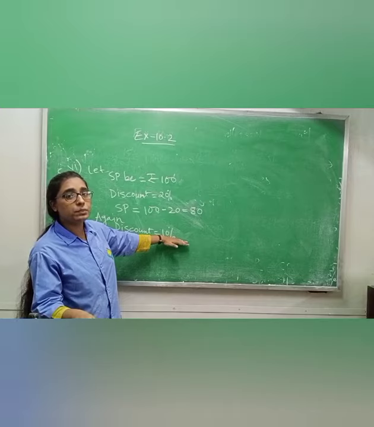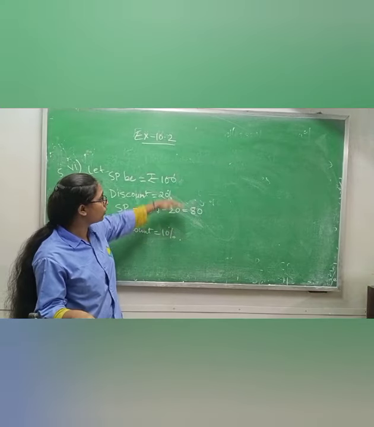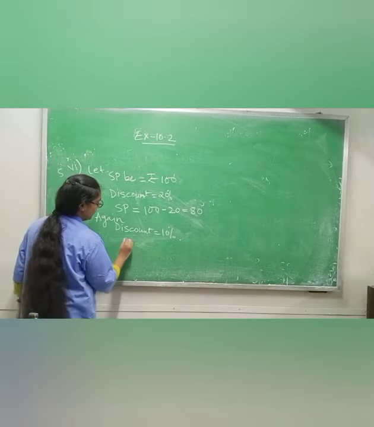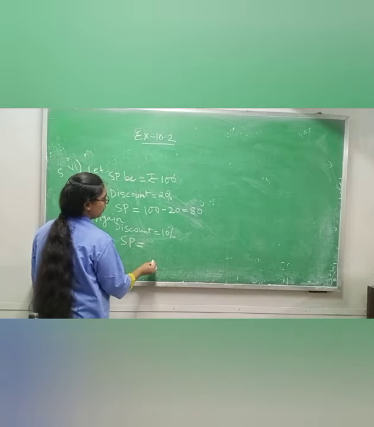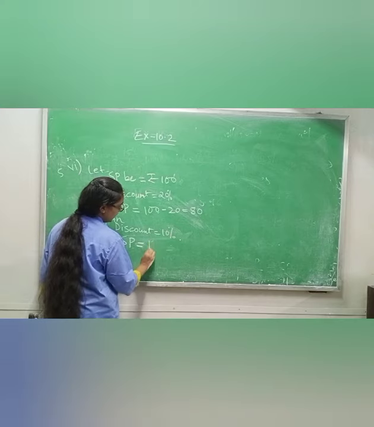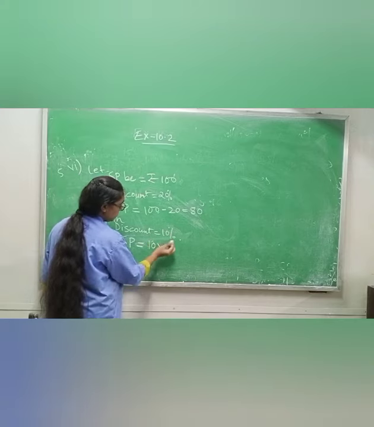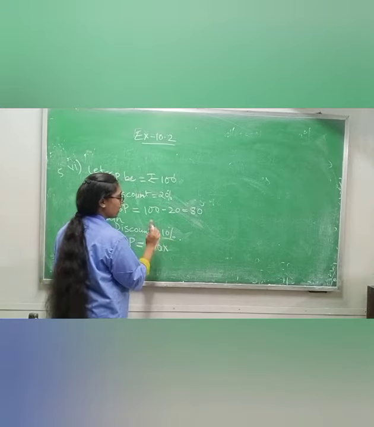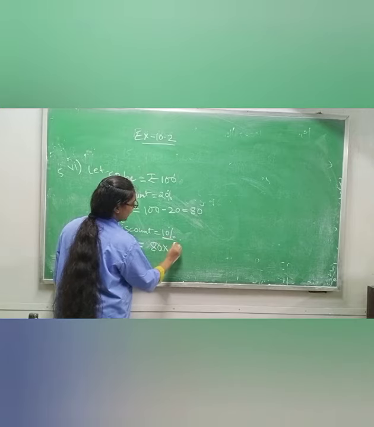Again they are giving a 10% discount. Now they will give the discount on this selling price, not the earlier one. Please understand this properly. You write 80, the selling price, into 100 minus 10 by 100. Why 100 minus 10?